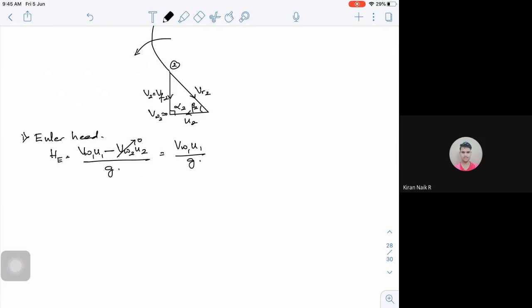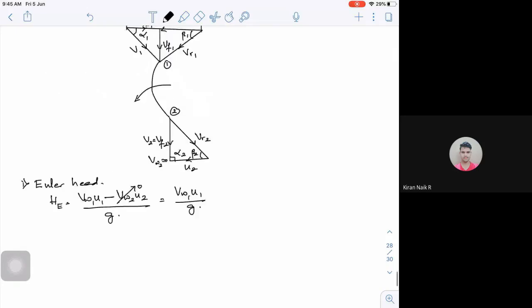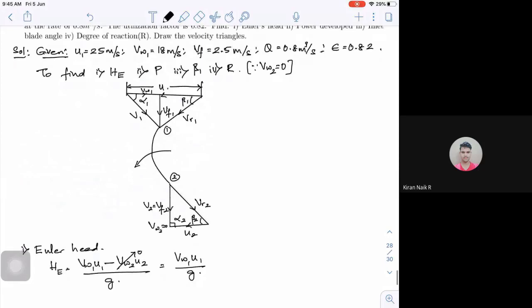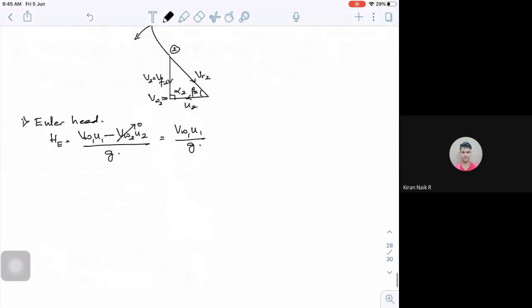If I would ask you only what the work is, I would have simply written VW1 into U1. So U1 is given as 25 and VW1 is given as 18. So if I substitute those values, VW1 is 18 into U1 is 25 divided by 9.81.